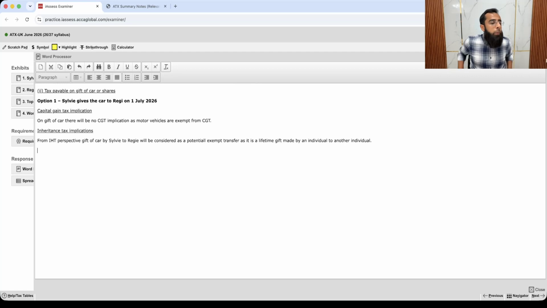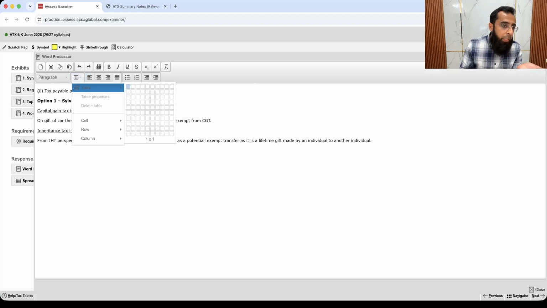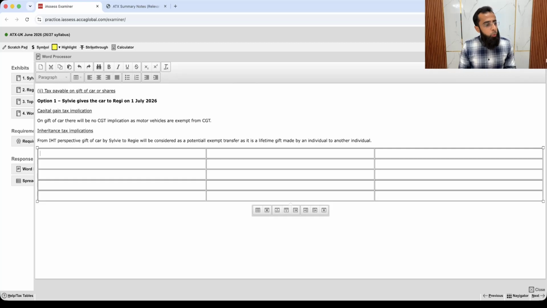So it will be a potentially exempt transfer. We have to calculate IHT on it. Very basic working. I believe even a student at skills module taxation can do it. So let's do it now.